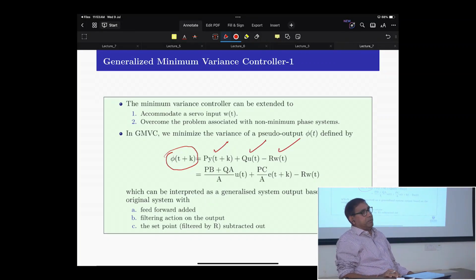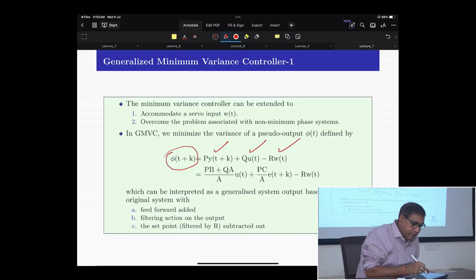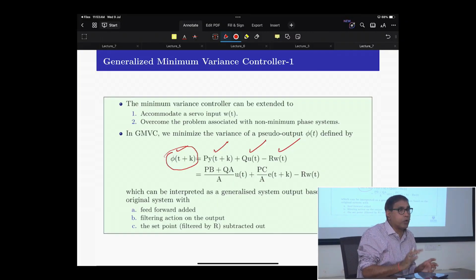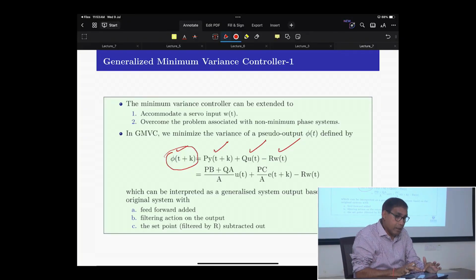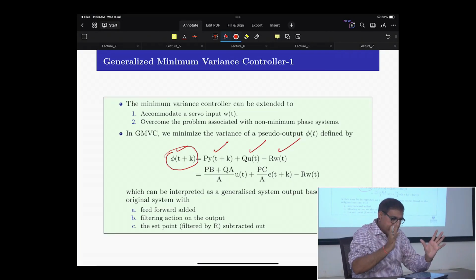Three things. This is what David Clarke did with Peter Gawthrop. They formulated a generalized function which has y, u with weighting Q, and r. It is the same as the minimum variance controller if you take Q equal to 0, R equal to 0, and P equal to 1. But they made it generalized.